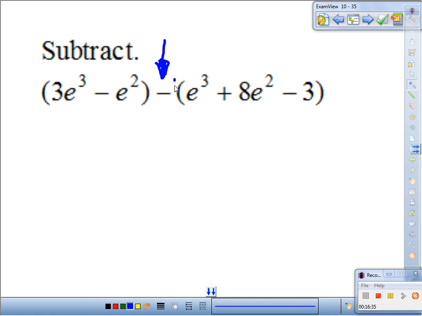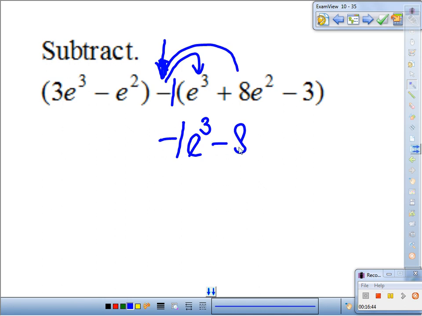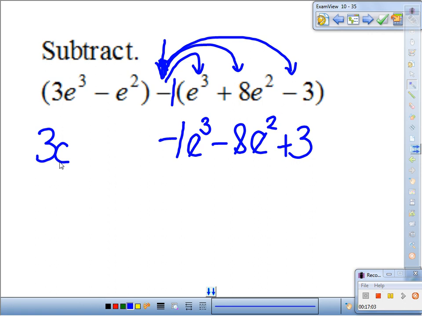So we have an imaginary what? 1 there, so we distribute, that becomes negative 1e to the third. Distribute, that's negative 8e to the second. Distribute to here, that becomes positive 3. Now that I'm done distributing, I'm going to bring this one down. What is the invisible sign in front of this one? It's a plus, so does it change anything? No, just bring them down. 3e to the third minus e to the second.